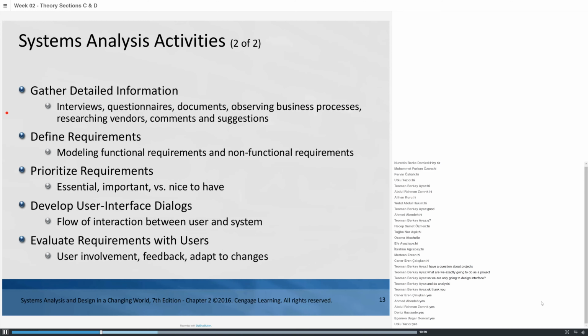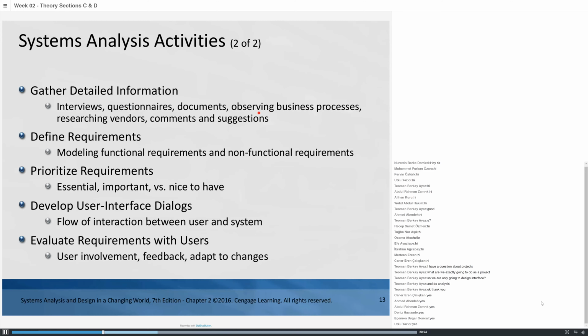First, we need to gather detailed information. System analysts obtain information from all kinds of people who will be using the system, either by classic interviewing techniques or by watching them.